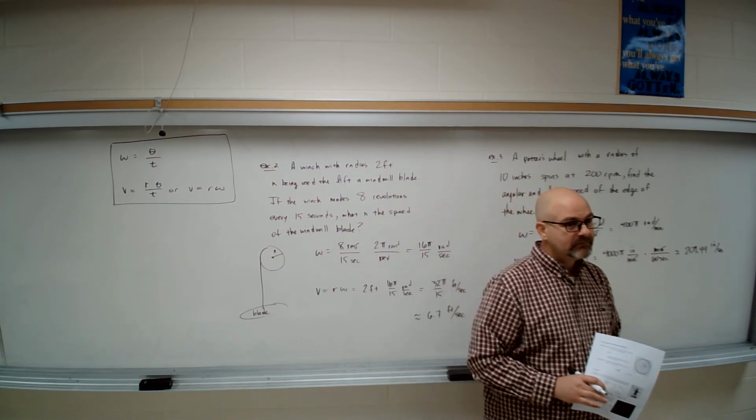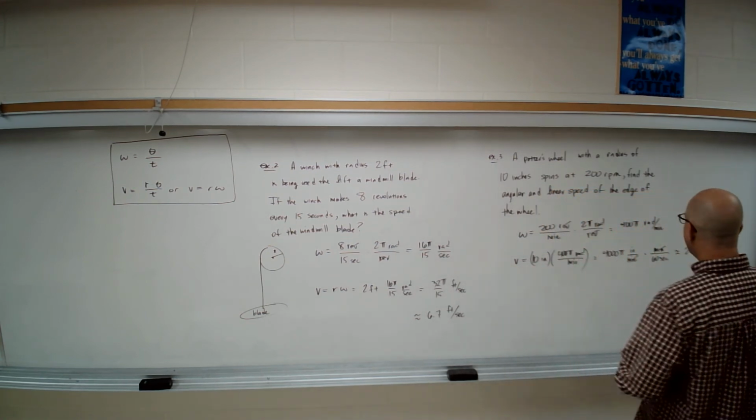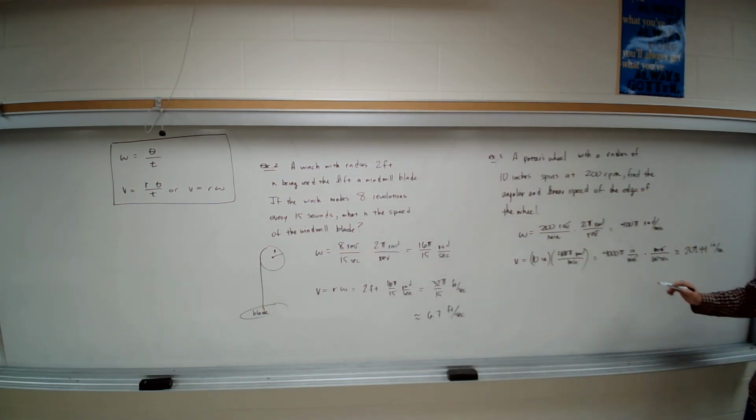If you keep it as 4,000 pi inches per minute, it's not wrong. The difficulty is, what in the world does that mean? It seems sort of nonsensical.